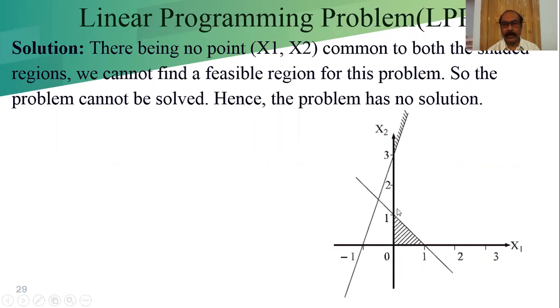That's why there is no common feasible region for the two constraints, and the feasible solution does not exist. There being no points x1, x2 common to both the shaded regions, we cannot find a feasible region for this problem. So the problem cannot be solved. Hence the problem has no solution, or we can say not a feasible solution.